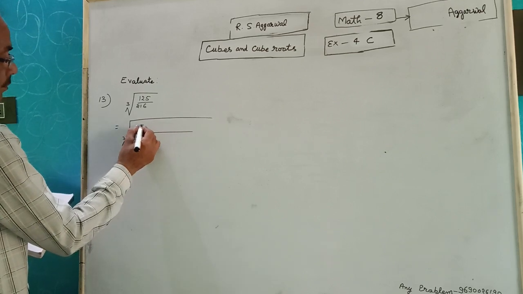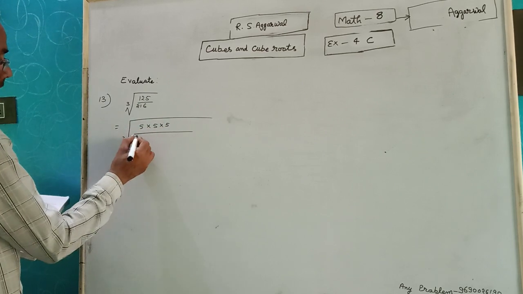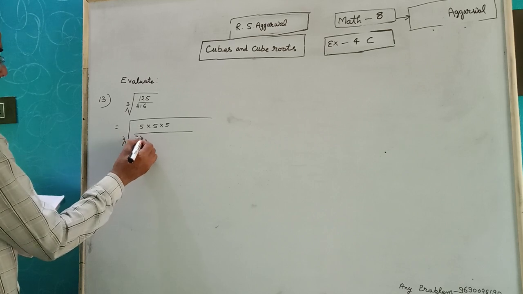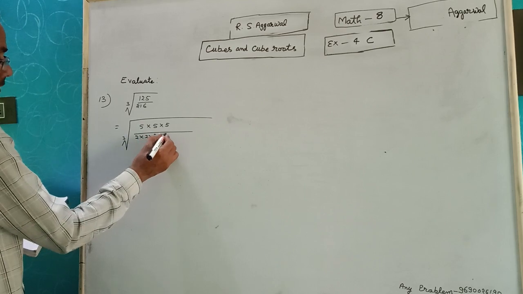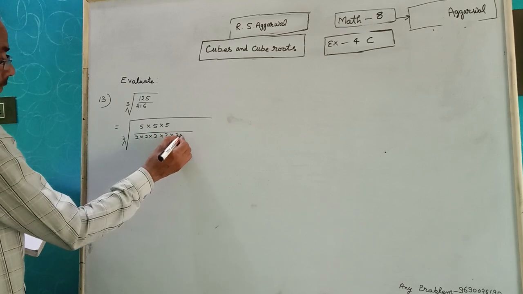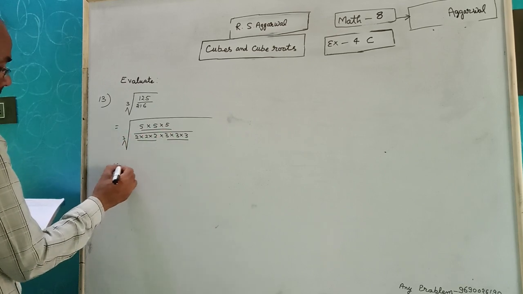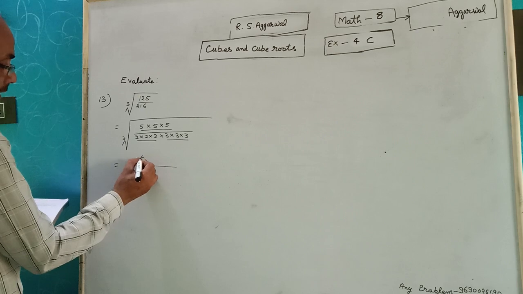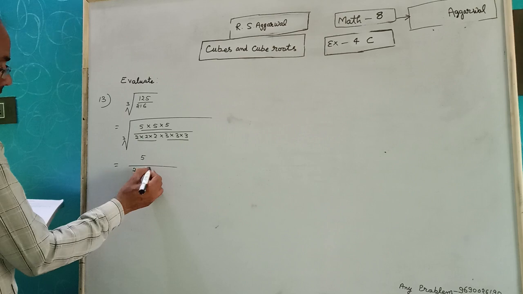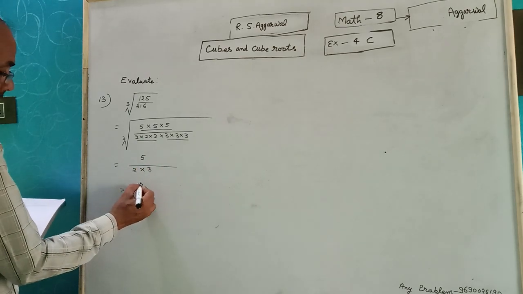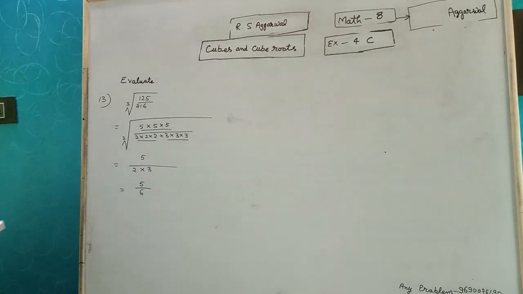Prime factor of 125 is factor 5 into 5 into 5. 216 factor will be, make the pair. Numerator is 5, denominator will be 2 and 3. After multiply 2 3 is 6, 5 upon 6 is cube root of 125 upon 216.